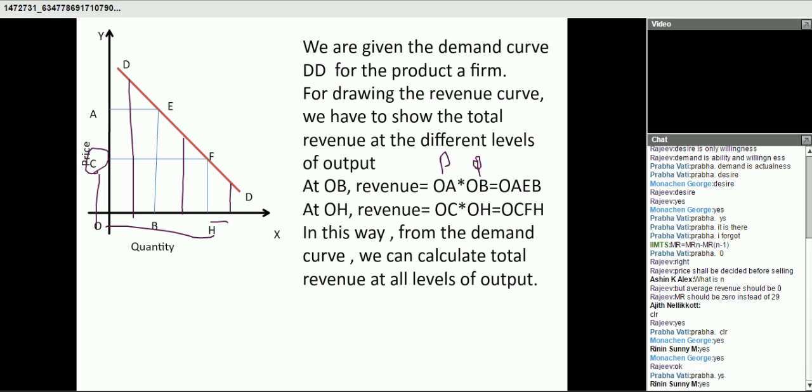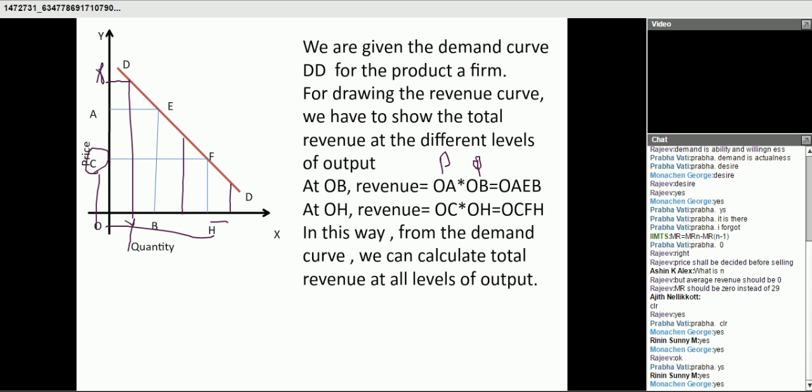Let's keep the price as X and the units sold as Y, so it will be OX into OY. This is why we say that from the demand curve only we are going to get the revenue schedule of a firm. Alright, is this thing clear, everyone?